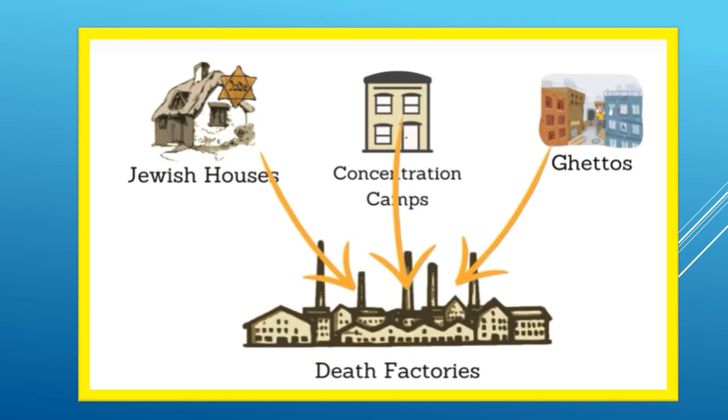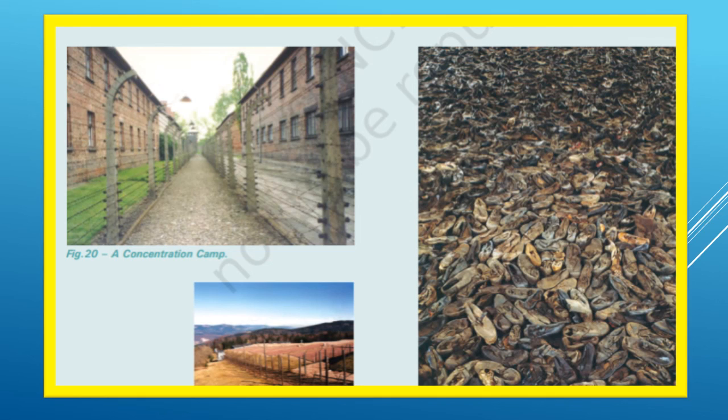The Jews were brought from different parts of Europe, whether from Jewish houses or concentration camps or ghettos, and they were brought to the death factory by goods train. Now this is a picture of a concentration camp. You can see it is fenced with live wire, so it was very difficult for anyone to escape.